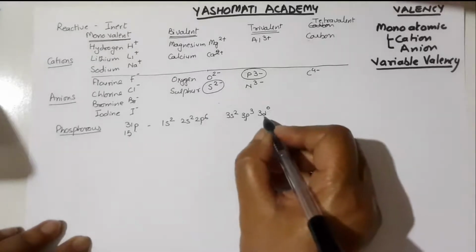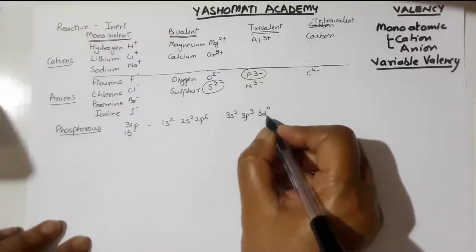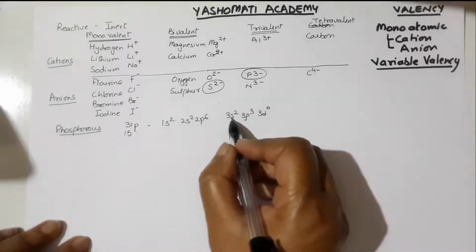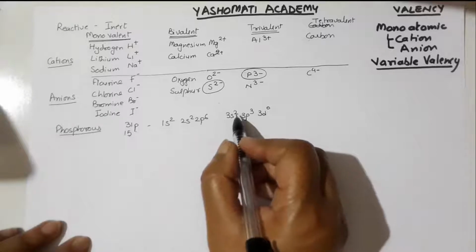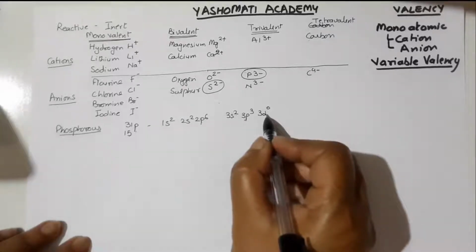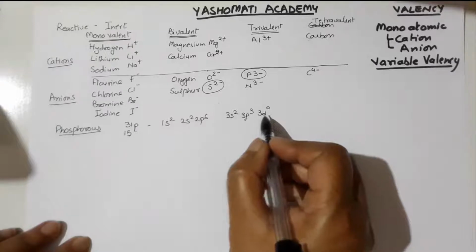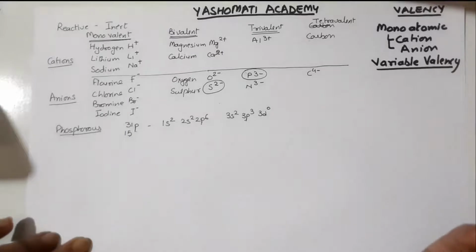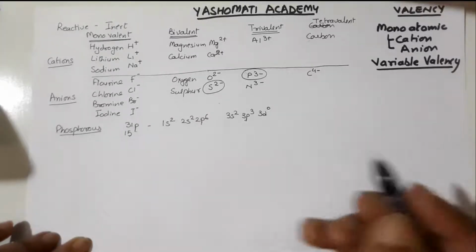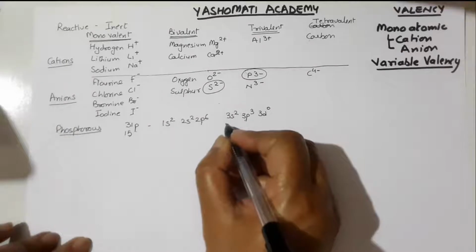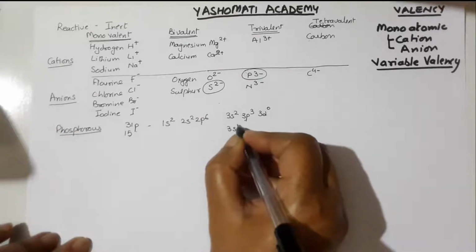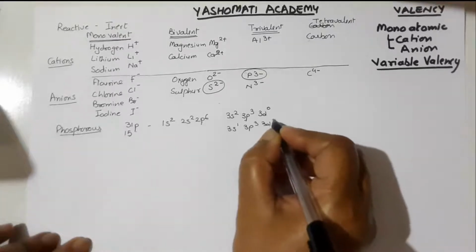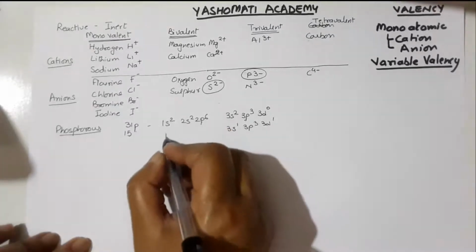Now due to this vacant d subshell, the electron present in 3s2 can jump to the 3d subshell because the difference in energy level of these two subshells is very low. Because of that, it attains the configuration 3s1, 3p3 and 3d1. These shells remain the same.